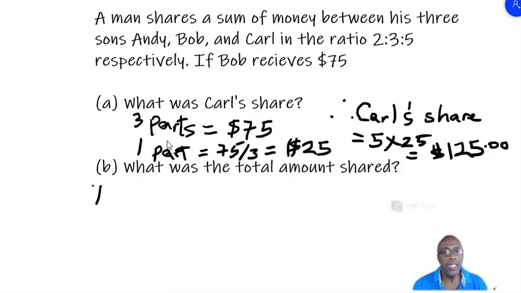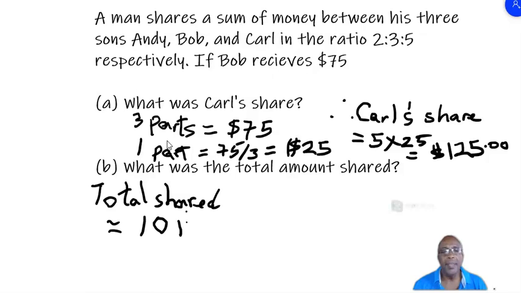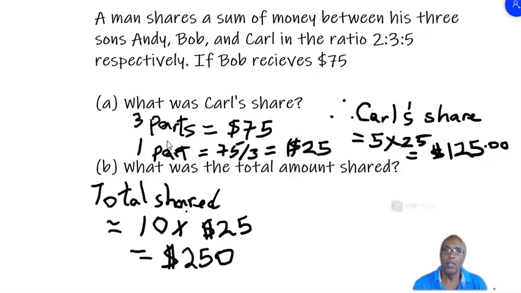So therefore the total share will equal the total number of parts, which is 10, times what one part is, which is $25, and the answer is $250. And that is how you work ratios and proportions.